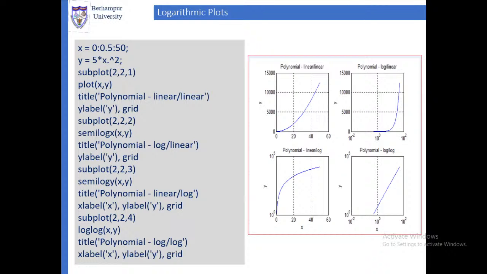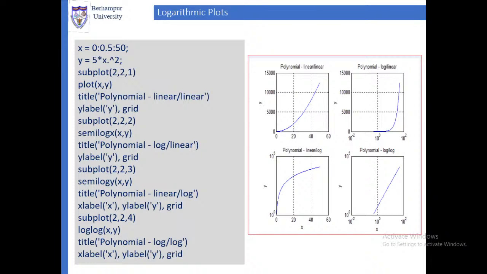Now suppose we want to draw some logarithmic plots. x = 0:0.5:50. So x varies from 0 to 50 in increments of 0.5, which means about 101 x values are there, x1 to x101. y = 5*x.^2, so we are squaring the x values. We use dot caret 2, which means element by element square of x.